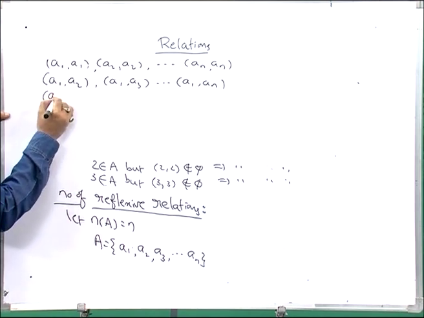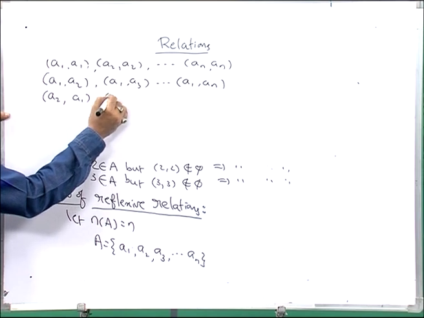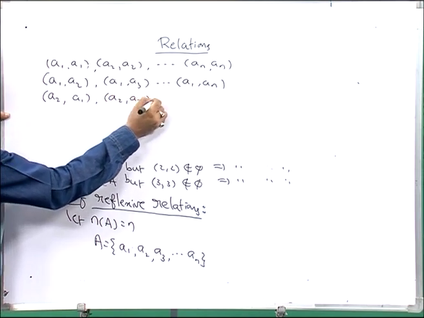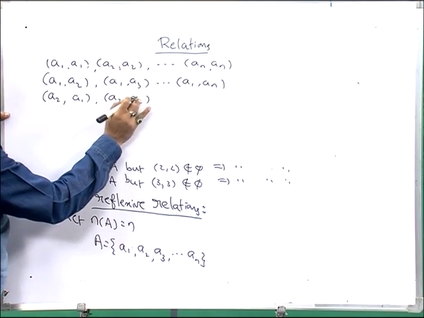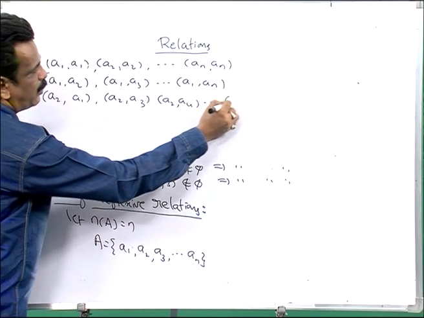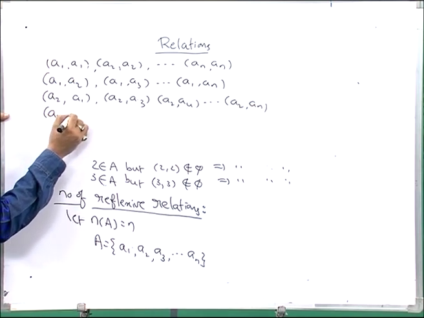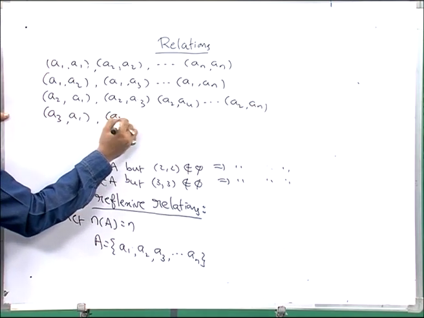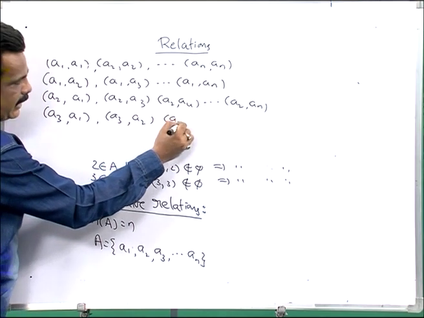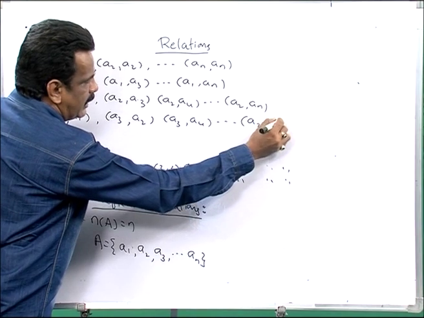Next I will take A2. Suppose A2 is connected to A1 may be there, A2 is connected to A2, I have written already here, A2 A3, A2 A4 and so on A2 An we can write. Even A3, if you take, A3 to A1, A3 to A2, A3 to A4 and so on A3 comma An.